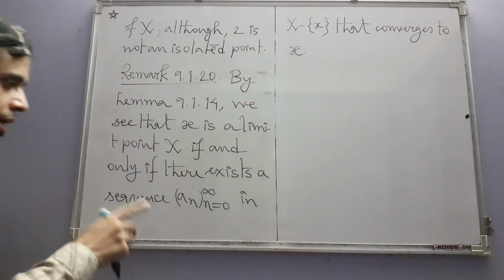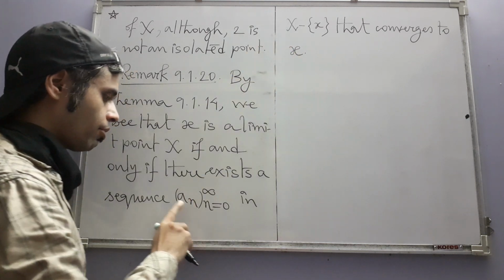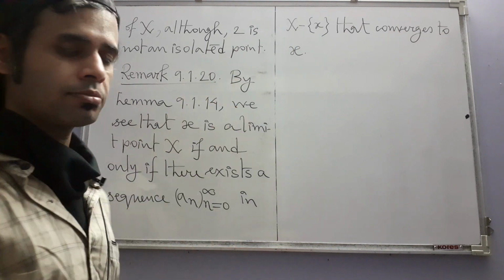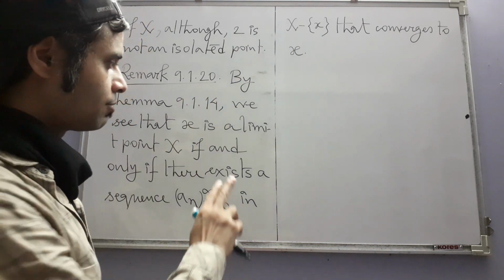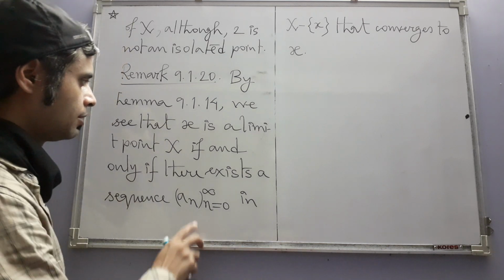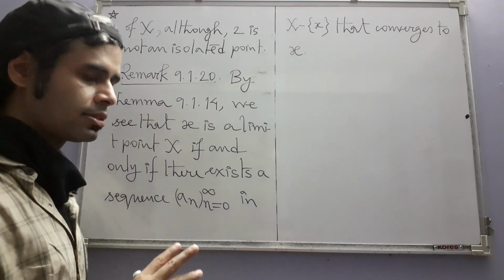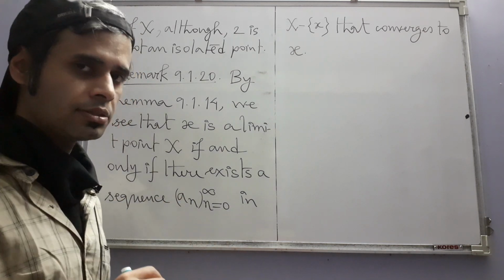So, in other words, there exists such a sequence in capital X, all of whose terms are different from small x, and that converges to small x. If this happens, then small x is a limit point of X, and conversely, if small x is a limit point of X, then such a sequence exists.